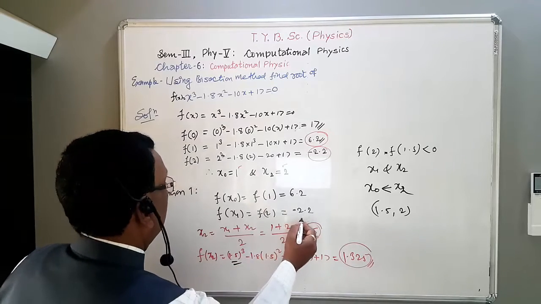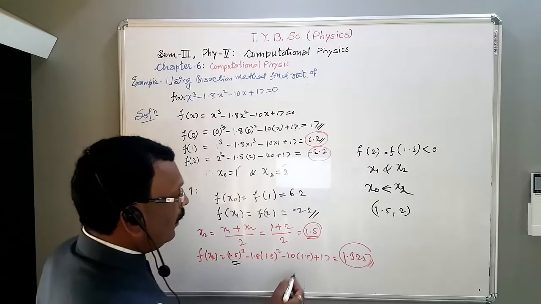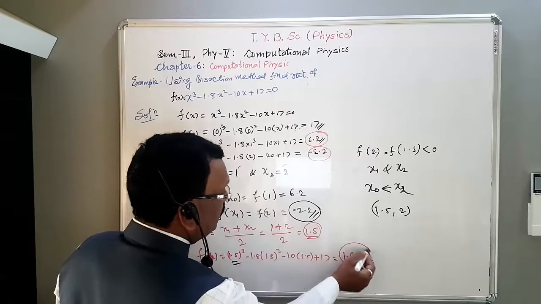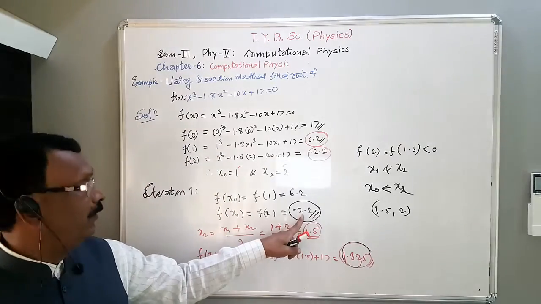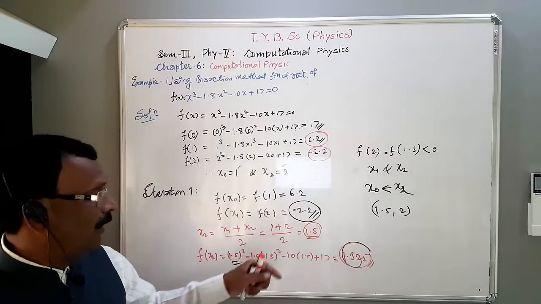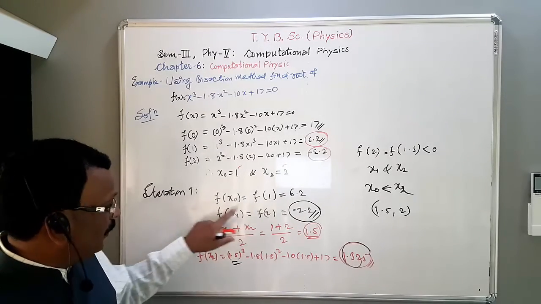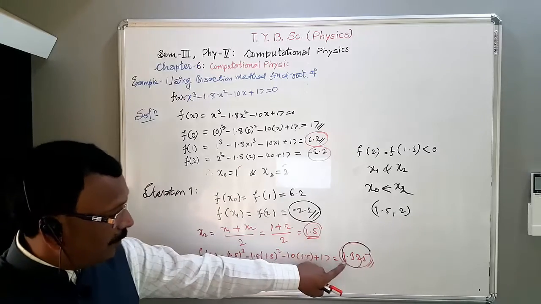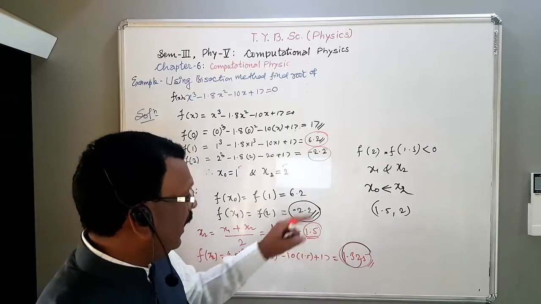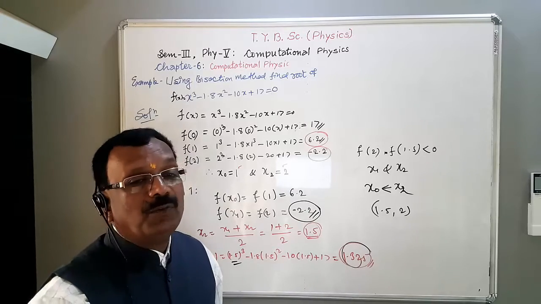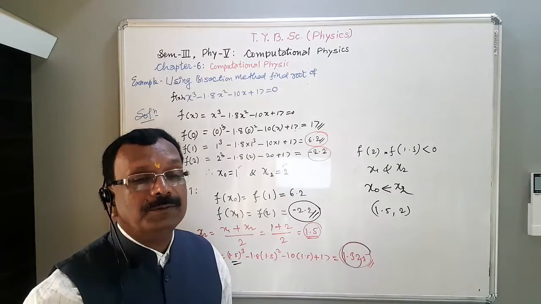The value lies between these two. Again here one value is negative and another value is positive. So the root lies between these two, that is, between 1.325 and minus 2.2.